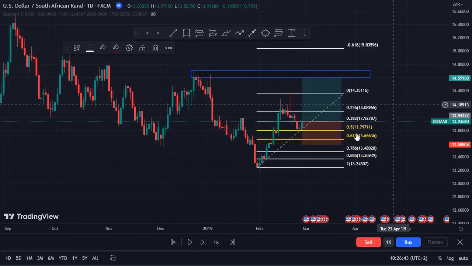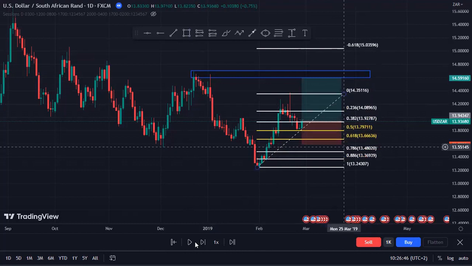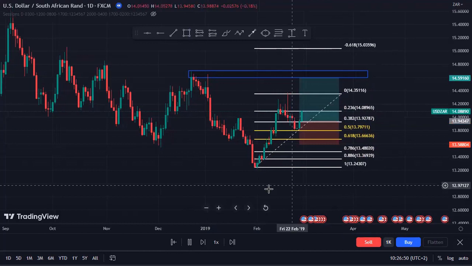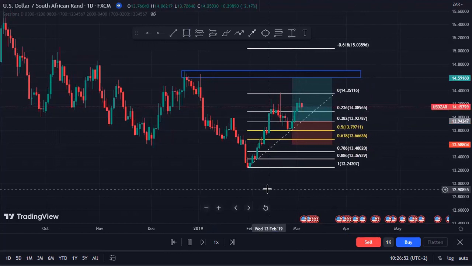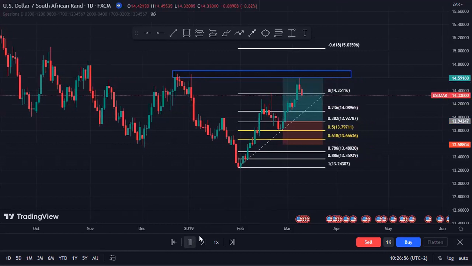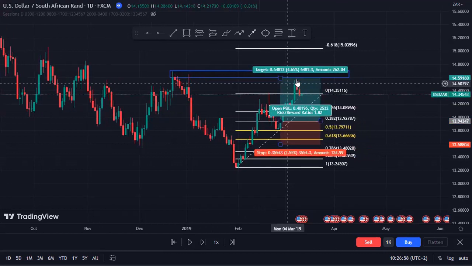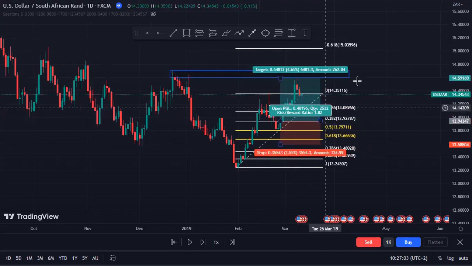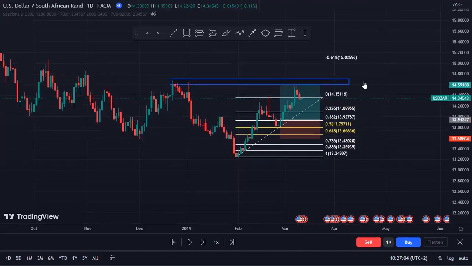And let's see how price plays out from here. We see price pushing up. Okay, there we go. TP has hit. As you can see here, take profit has been hit and you're out of your trade. So that's it for the Fib.